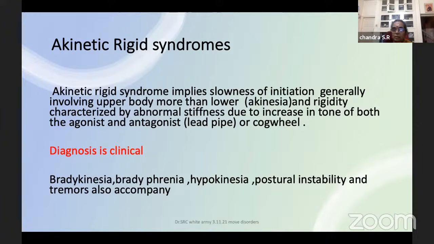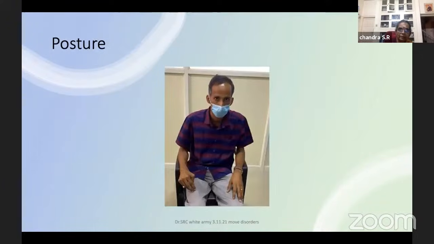So primary Parkinsonism, Parkinson plus syndrome, Parkinsonism secondary to known causes, and the akinetic-rigid variety. Diagnosis is clinical. They have bradykinesia, bradyphrenia, hypokinesia, postural instability; tremor can accompany, but it will be the last and the simplest. They form a group by themselves because they are difficult to treat and prognosis is not good.